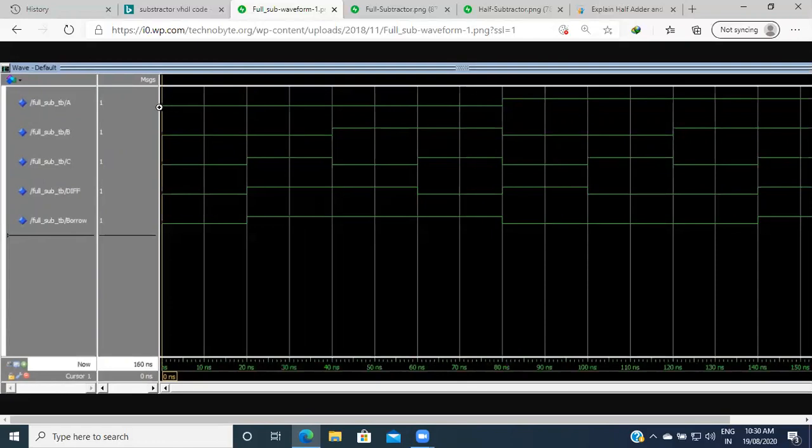We are moving through half cycles, positive and negative. For this half cycle the value is 0, and the next half cycle also 0, so A is 0, B is 0, and C is 0. If the three values are 0, then difference is also 0 and borrow is also 0.